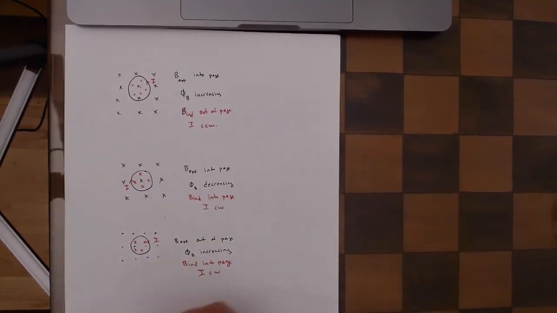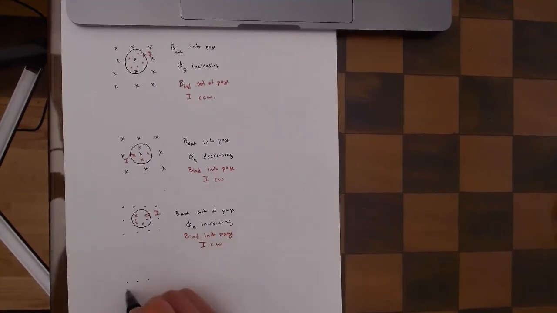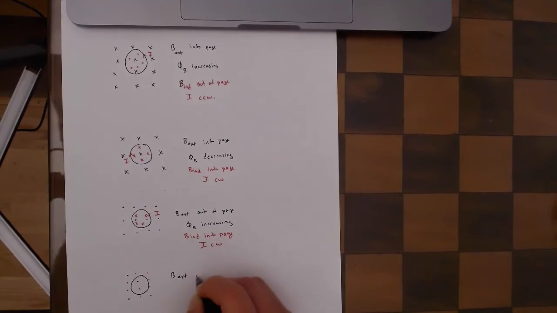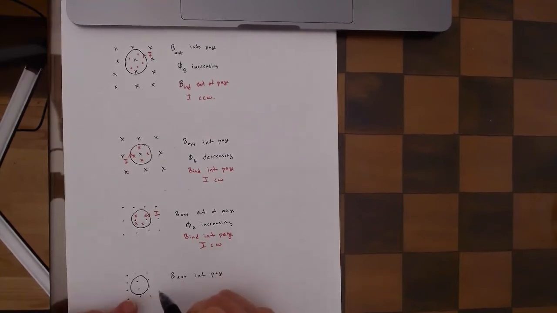All right, but as a final example, here if you have the B external, sorry, this is out of the page. If you have the B external coming out of the page, and now let's have the flux decreasing.